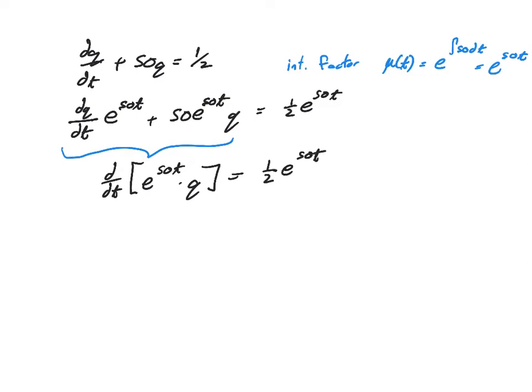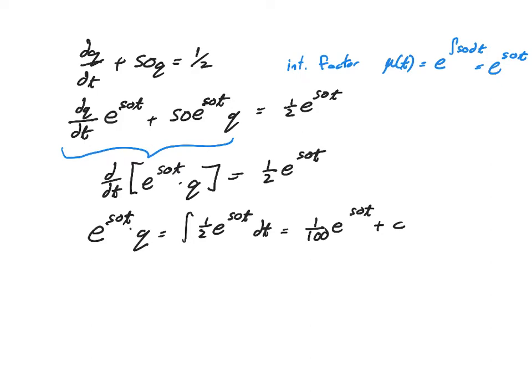Now what I'm going to do is integrate both sides. So we have e^(50t) times q equal to the integral of 1/2 e^(50t) dt, and that's a pretty nice little integral there. That's just going to be 1/100 e^(50t), and that's where my constant is going to come.